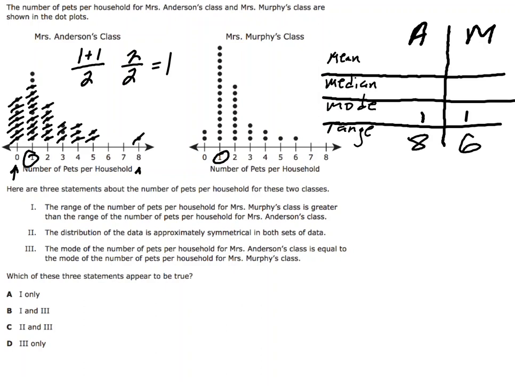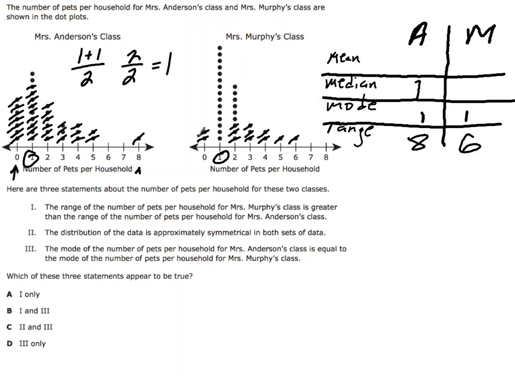So the median for Mrs. Anderson's class is 1. And if we do the same thing, 1, 2, 3, 4, 5, 6, 7, 8, 9, 10.